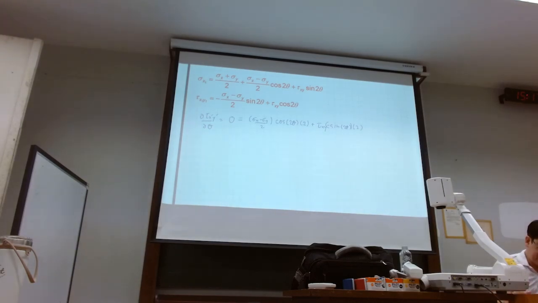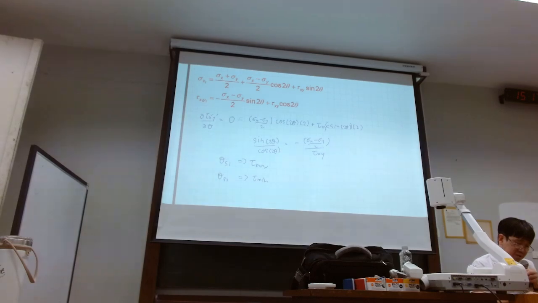So it means that from here, I have the relationships, and that is sine of the 2 theta over cosine of the 2 theta must be equal to a negative value of sigma x minus sigma y over 2 over tau xy. The theta that will make this, I will call it theta S1, will give you tau max. Theta S2 will give you the tau minimum.